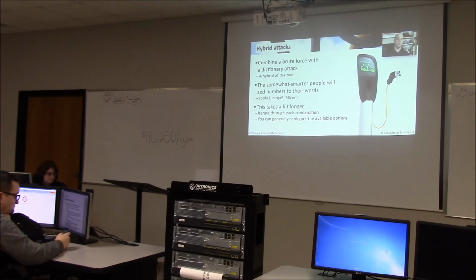But obviously it's going to be a lot easier than going through every possible iteration of every character and every number and every special character as well. This is something the bad guys can easily configure inside of their password cracking or brute force software. So don't think that simply changing a number or changing a single letter is going to protect you, because the bad guys have already thought of that.